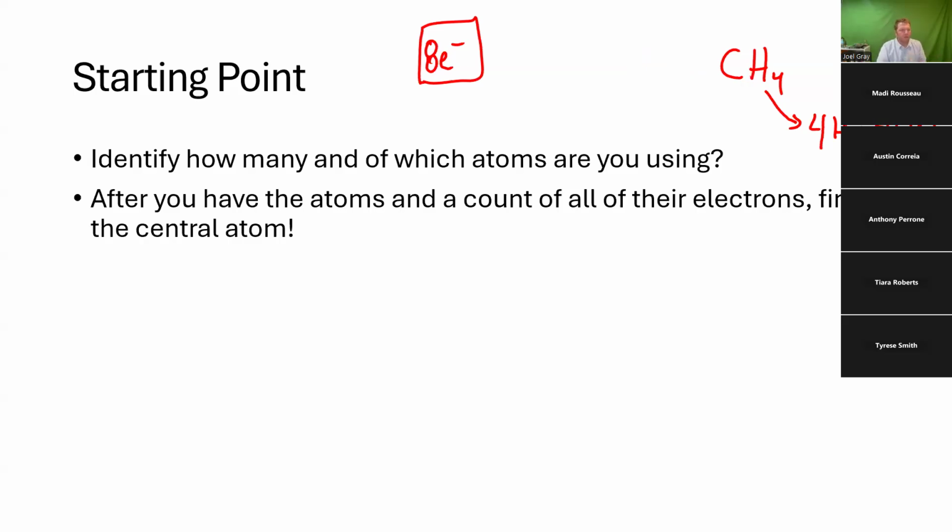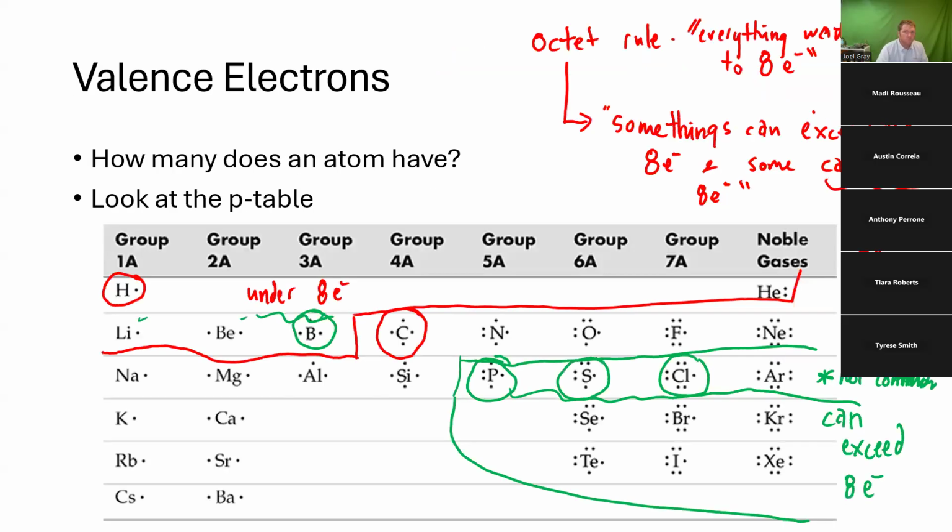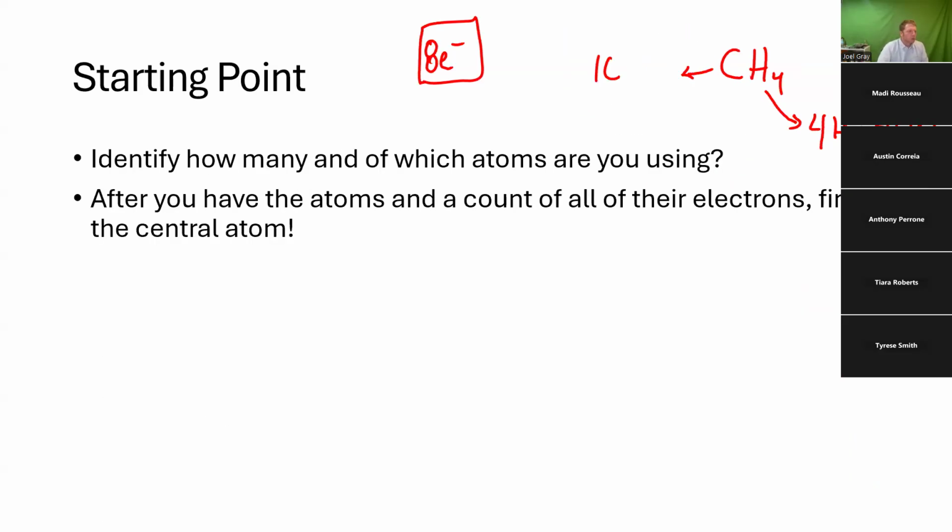Okay, I got a private message. How did I get the 8? Well, I got the 8 because I have 1 carbon, and carbon has 4 valence electrons, which is what we see right here. So 1 carbon equals 4 valence electrons. We have 4 hydrogens.